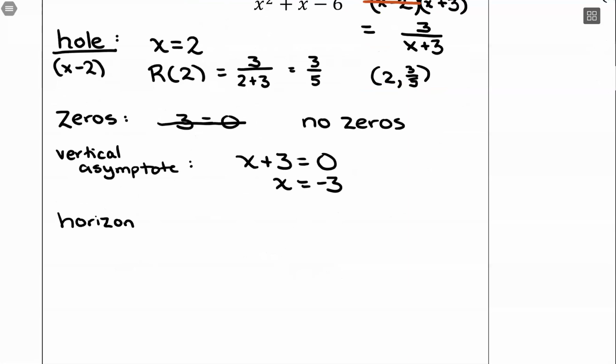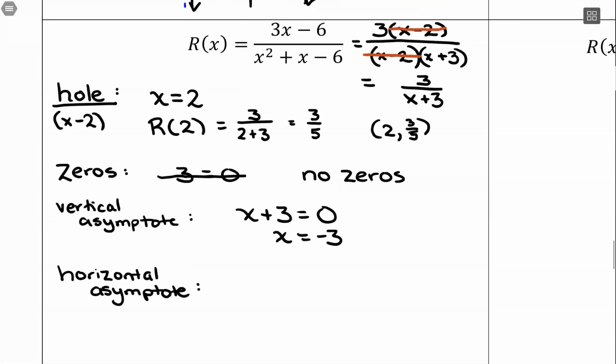For the horizontal asymptote, really for this you can use either form. Should all work out in the end. So I'm going to go back a little bit on what I said earlier of saying we're only using the simplified form, and here we're going to look at the unsimplified form.